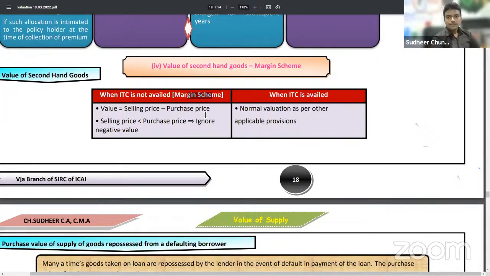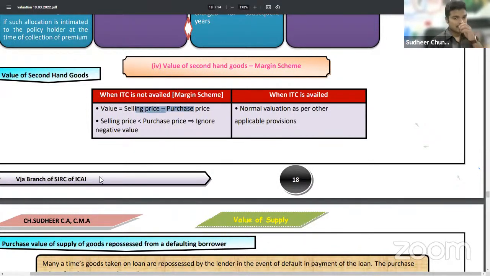Is it clear? So if ITC is not availed, initially, only then we have to compare these margins. If ITC is availed, then using ITC rules, 5% per quarter is eligible ITC, balance amount we need to pay. So that is why the margin scheme is applicable when ITC is not available.